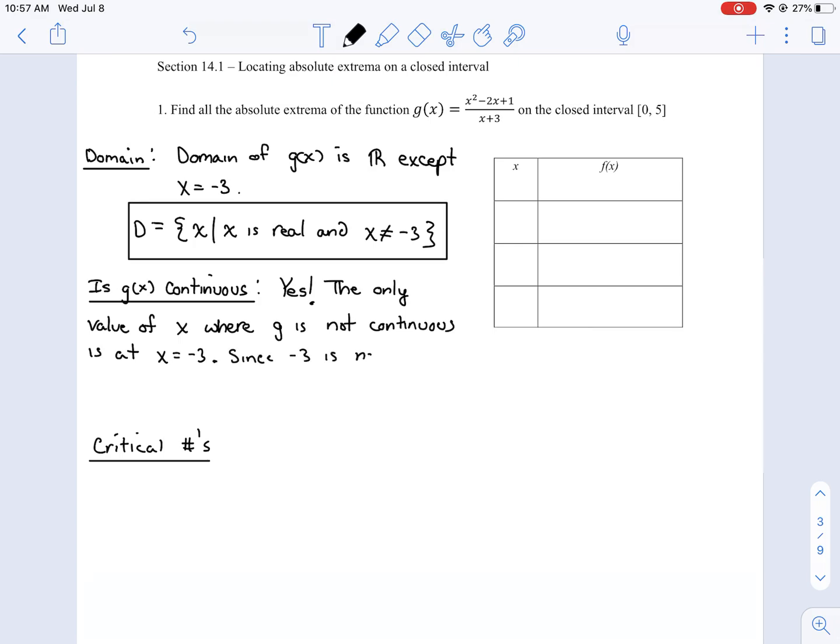Since negative 3 is not in the interval, g of x is continuous on the interval 0 to 5.